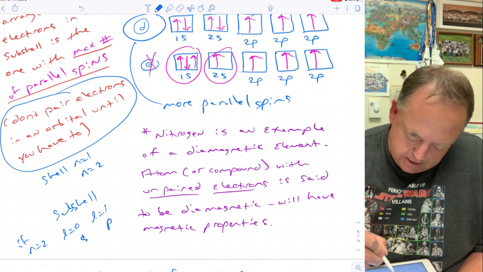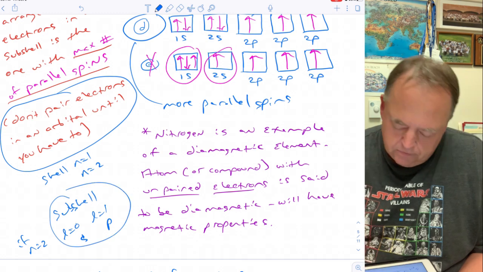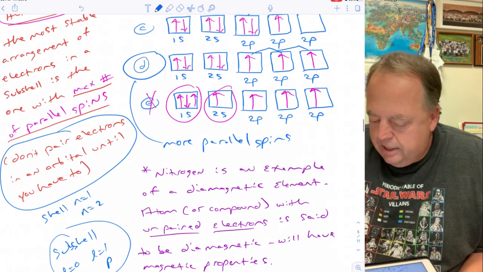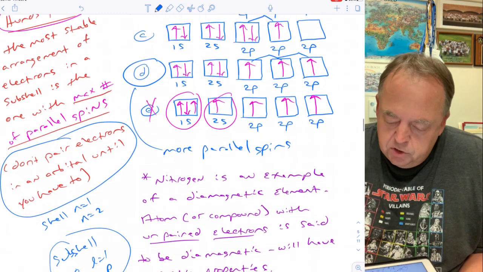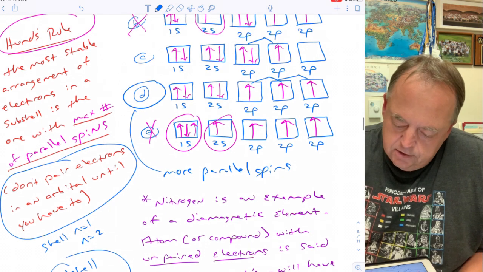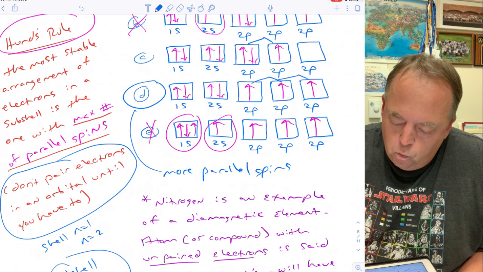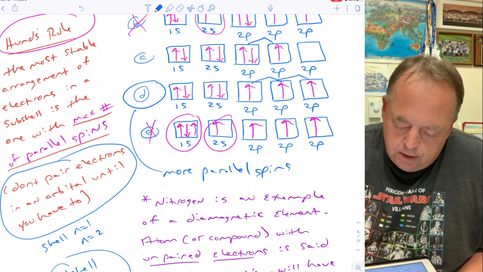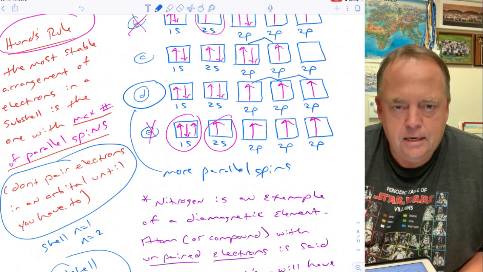So in SP, these will be the subshells. So in the P subshell, there's 3 parallel spins, and that is lower in energy than only having 2 parallel spins. So in C, one of the 2 P's has electrons paired, and that is less stable.